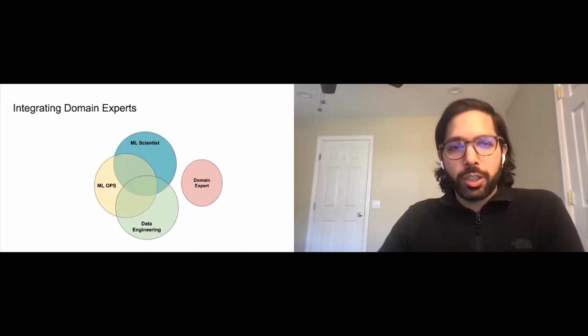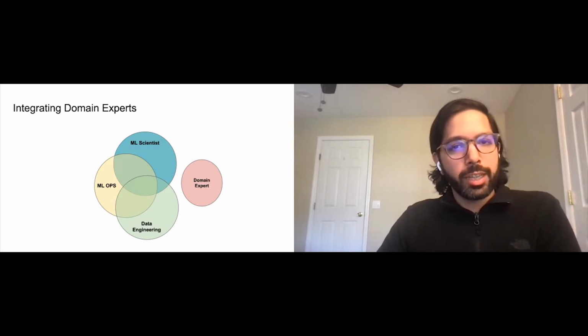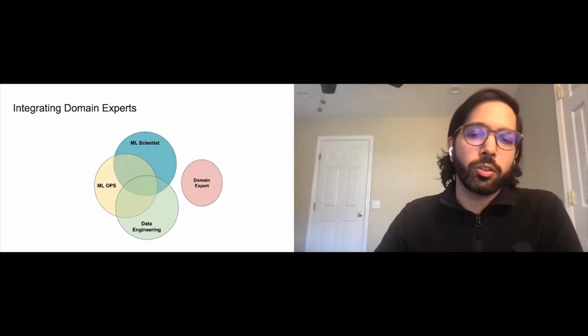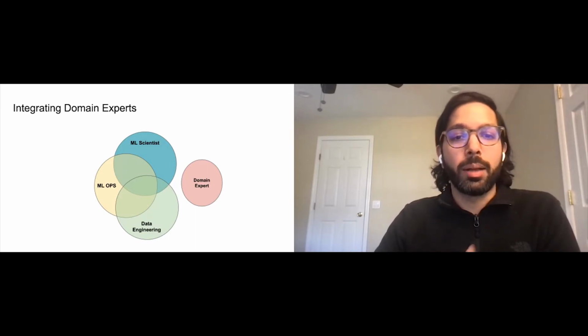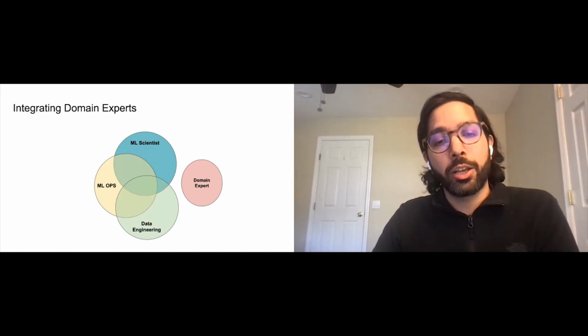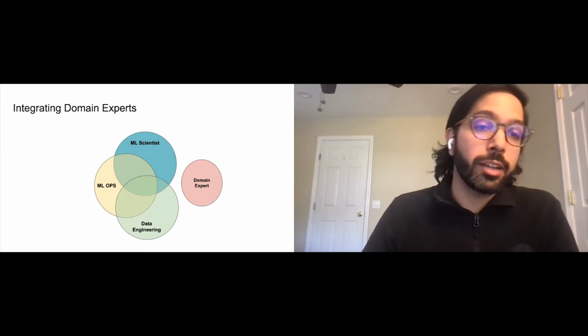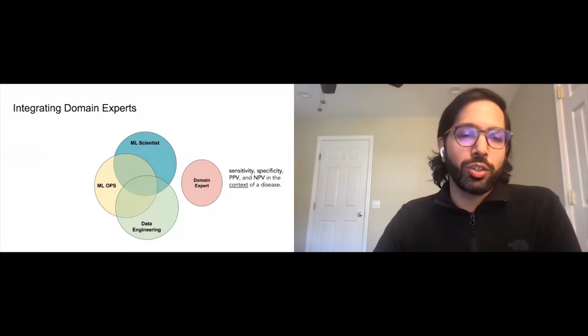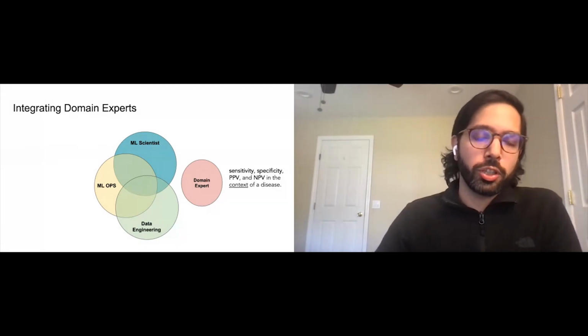If you make your objective as a machine learning scientist optimizing accuracy and you miss some of the core medical fundamentals, such as optimizing for positive predictive value, negative predictive value, sensitivity, and specificity in the context of your disease, you can ultimately end up building something that doesn't really matter and doesn't translate to clinical medicine.